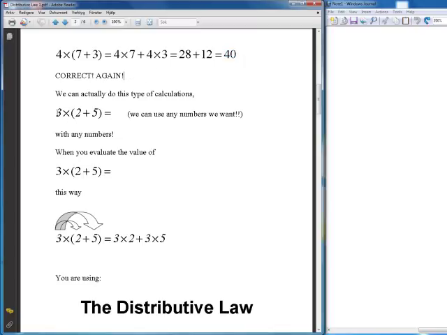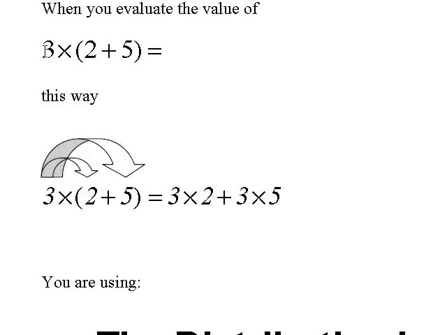So we can do these type of calculations both ways, either with BIDMAS or using the distributive law. So when you evaluate the value of these type of expressions, and you do it this way, 3 times 2 plus 3 times 5, you're using the distributive law.